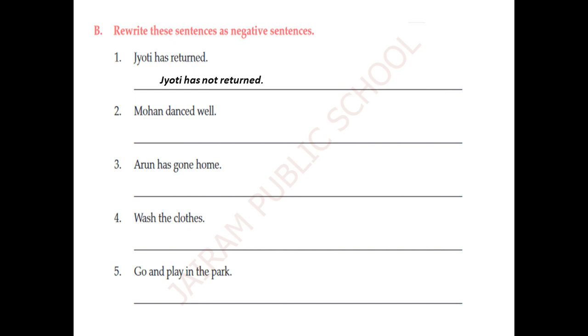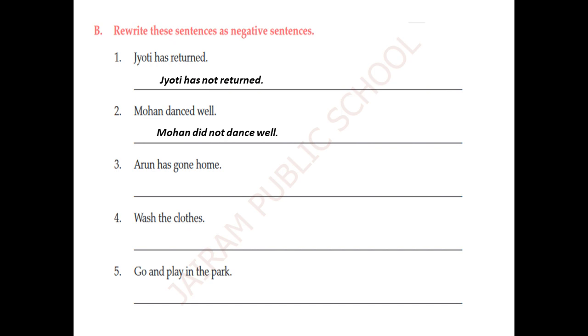Morgan danced well. How do you write in negative form? Danced. This main verb is past form. And also the verb danced is main verb. So how will you write a helping verb according to the given main verb?